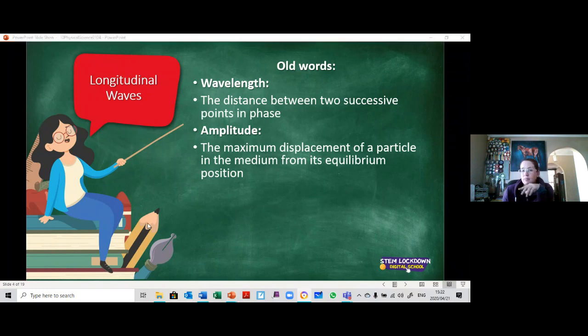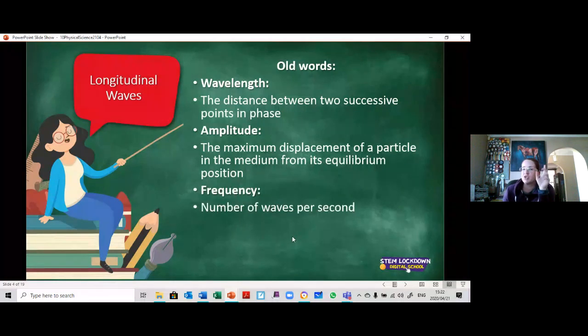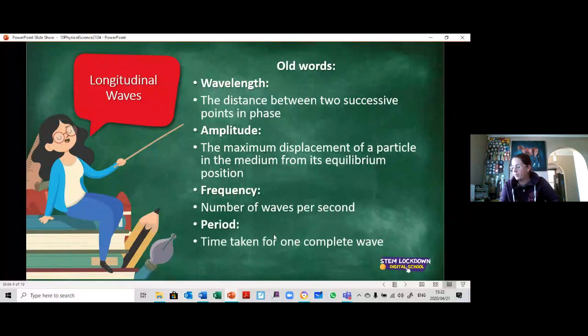Okay? Got it? Same. This is exactly the same words as we use for transverse. The other words that are the same are the ones we did today, which is frequency and period. Okay, guys? So for longitudinal and for transverse waves, these concepts are exactly the same.